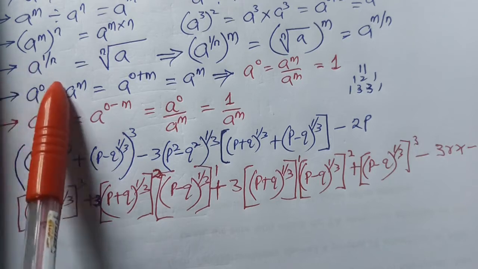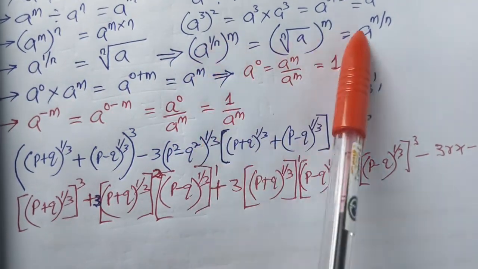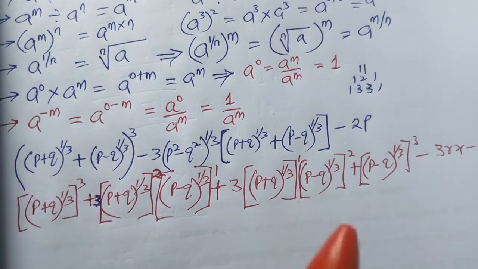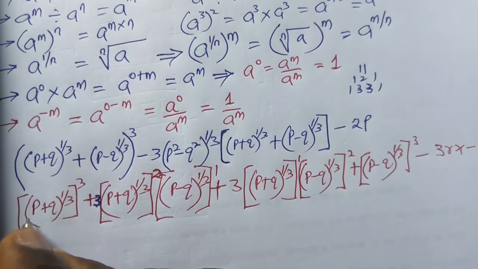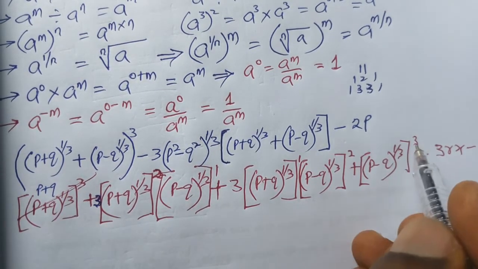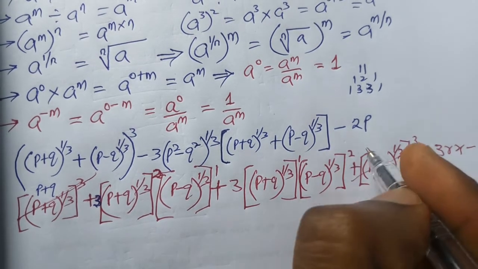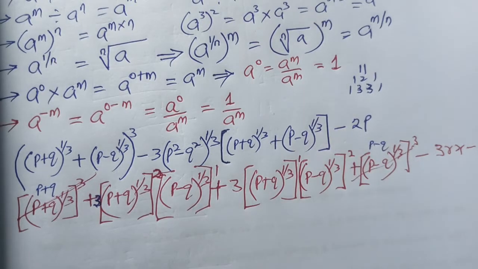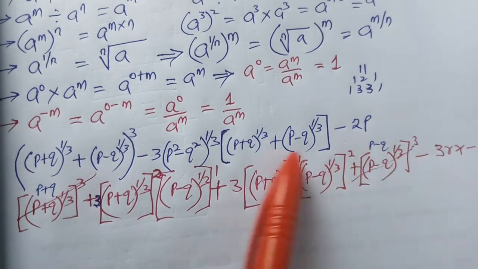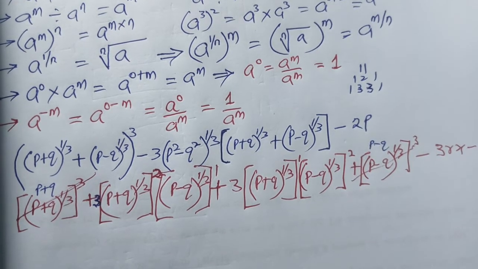If we use this law, it will be m over n, that's 3 over 3, so 3 over 3 is 1. So this boils down to p plus q. Also, if we go here, we see the same thing, so this one boils down to p minus q. So if we now add p to p and q to q, q will cancel q, but we have 2p.